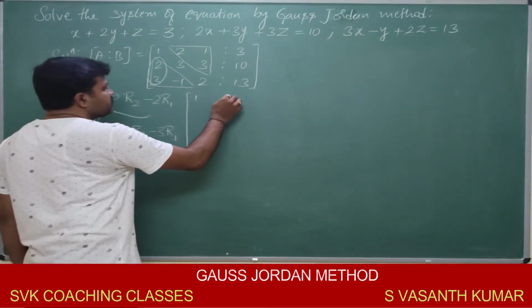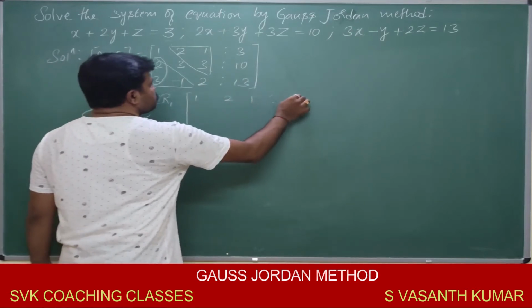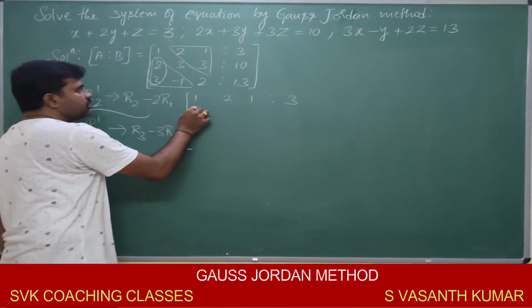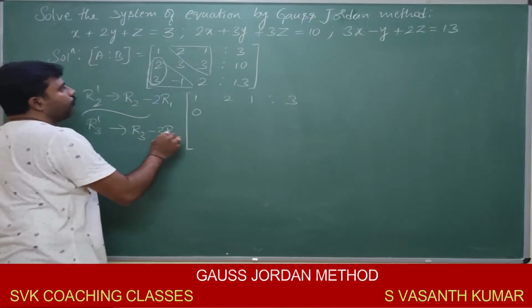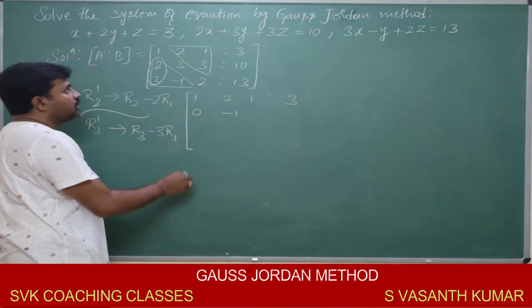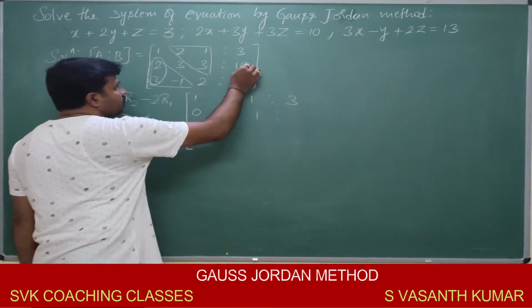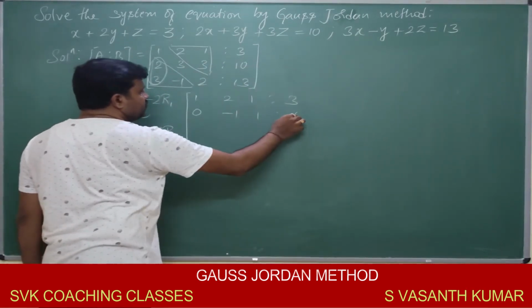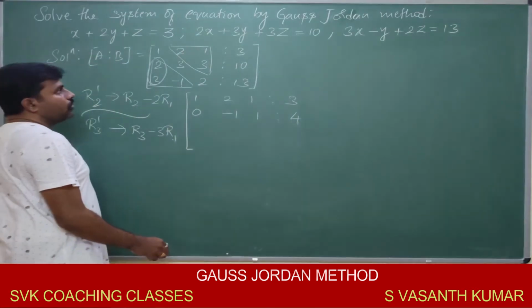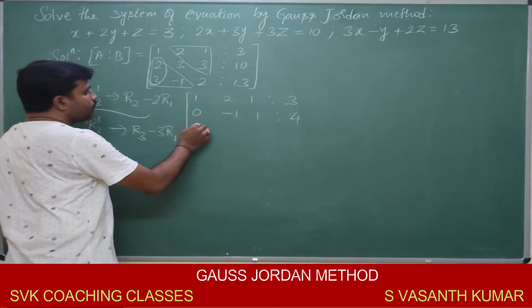R1 is retained as it is: 1, 2, 1, 3. Then 2 minus 2 becomes 0, 3 minus 4 is minus 1, 3 minus 2 is 1, 10 minus 6 is 4.